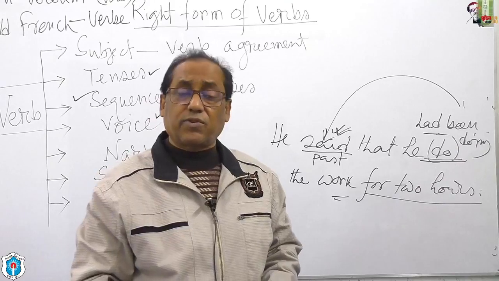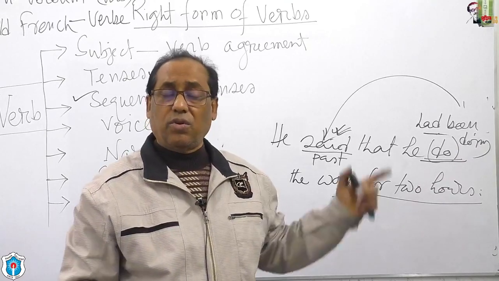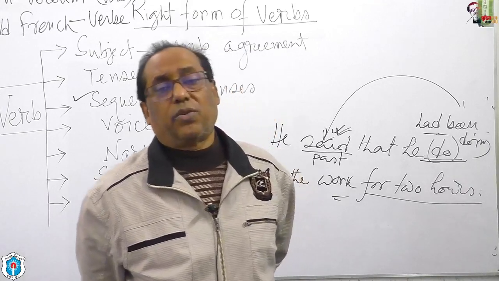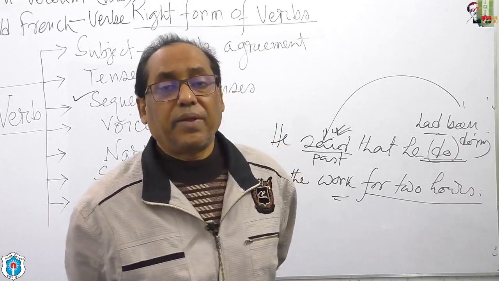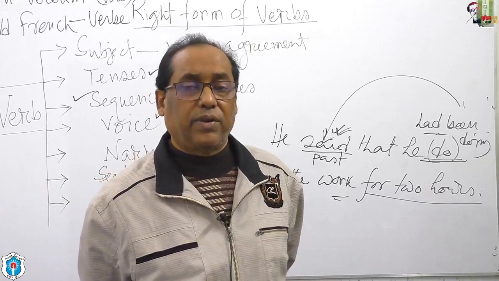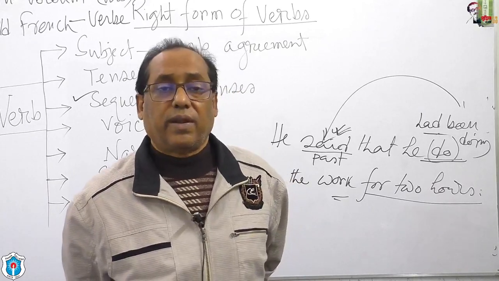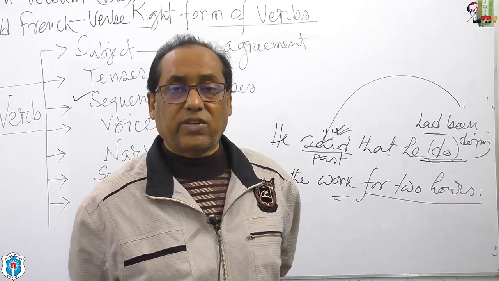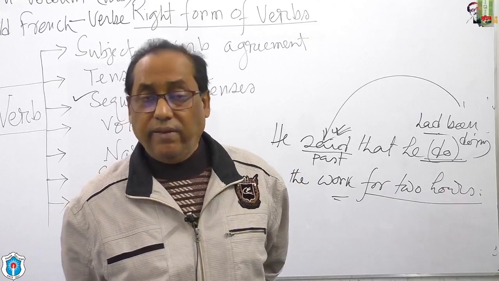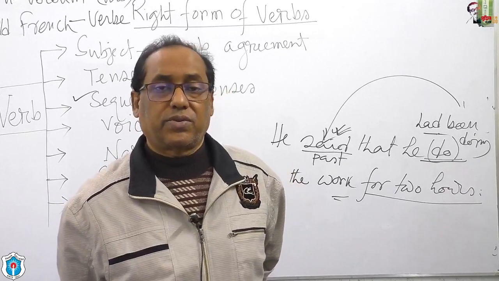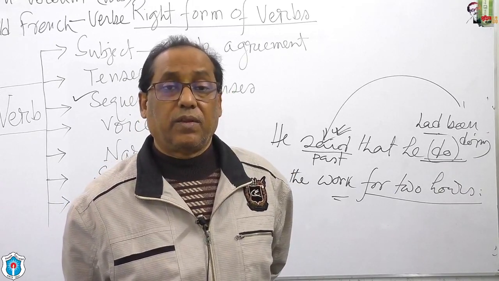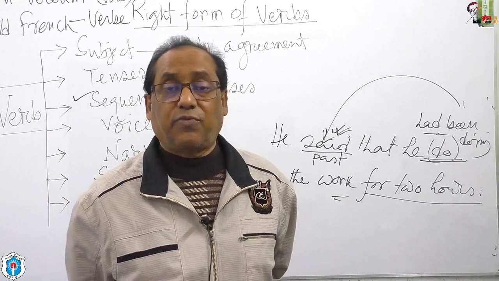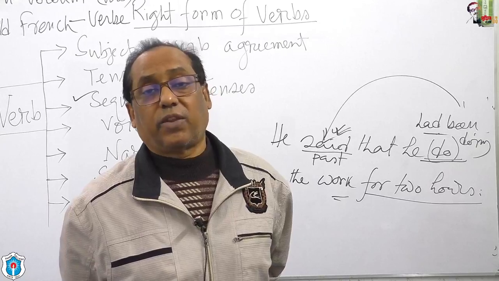Voice is also related to the right form of verbs. You are also known to this grammatical item, voice. You know, there are two kinds of voice. Number one, active, and then passive voice. You must know the active and passive forms of verb. Otherwise, you can't do.